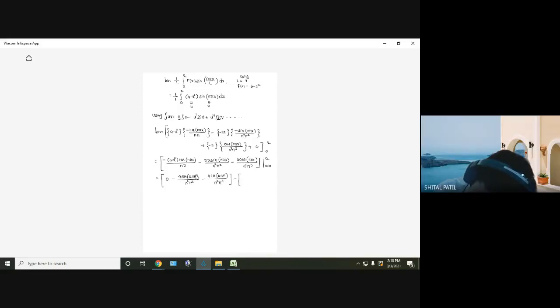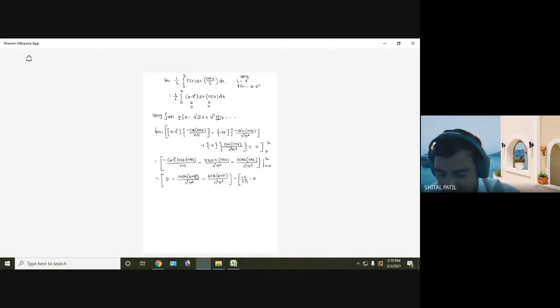Minus of lower limit x equal to 0, cos of 0 is 1. So what will remain? Minus 4 divided by n pi. Okay, next term x equal to 0, therefore 0. Then cos of 0 is 1, so minus 2 divided by n cube pi cube.